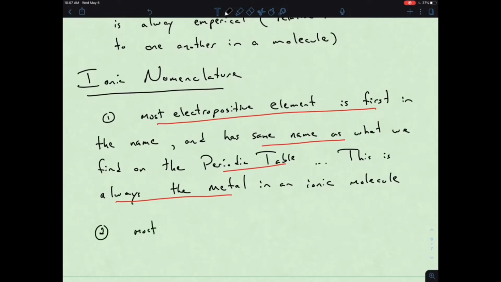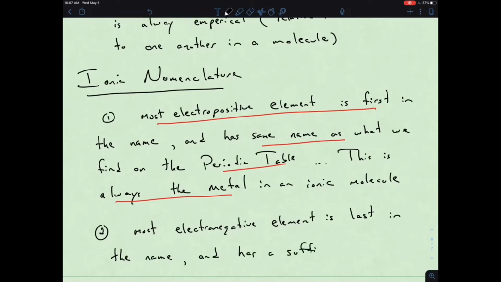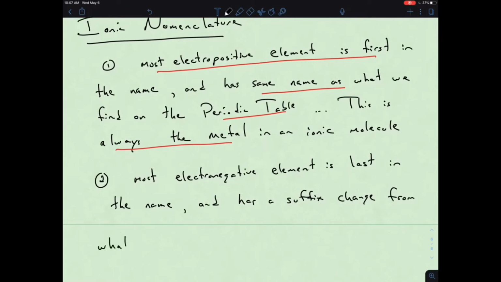The most electronegative element basically is last in the name, and basically has a suffix change from what we find on the periodic table. This is always the nonmetal.